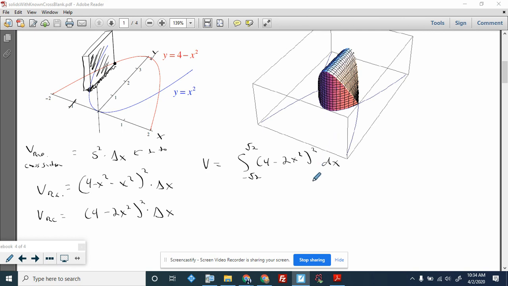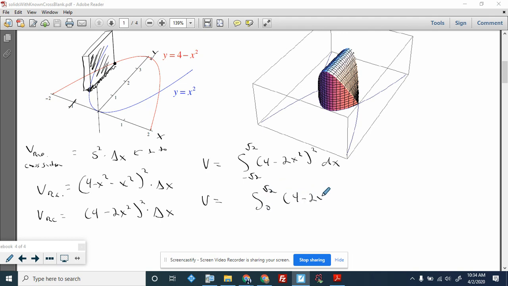Now, if you were doing this by hand, it's not that it's impossible. Might be a little bit annoying. What are things that you can help yourself out with? You'll notice both these functions are even, aka they're symmetric about the y-axis. What does that allow you to do? You can leverage symmetry here, and instead of going from negative radical 2 to radical 2, you can go from 0 to radical 2.